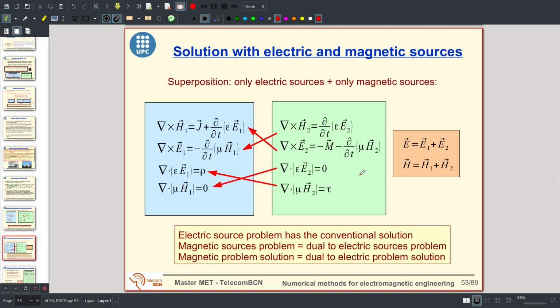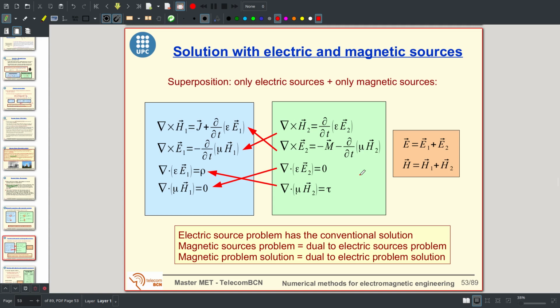Since electric charge is related to electric current through the continuity equation, for us it is enough to define the electric current, and the electric charge will be computed from the divergence of the electric current using the continuity equation.